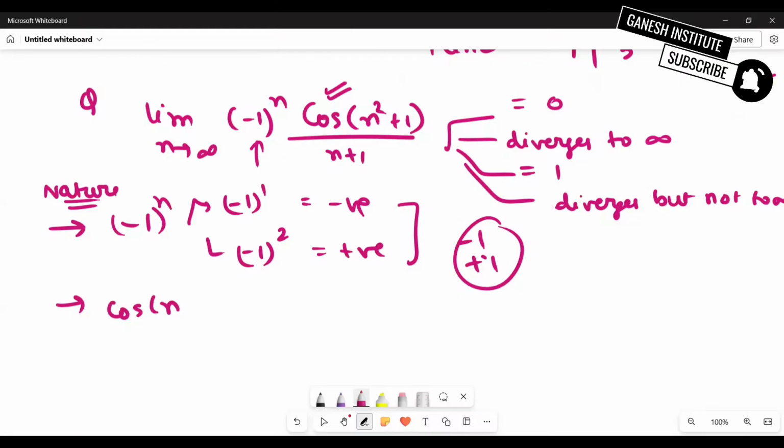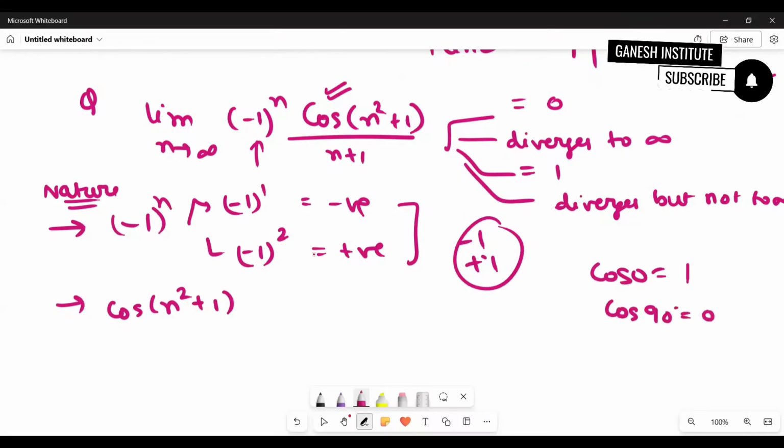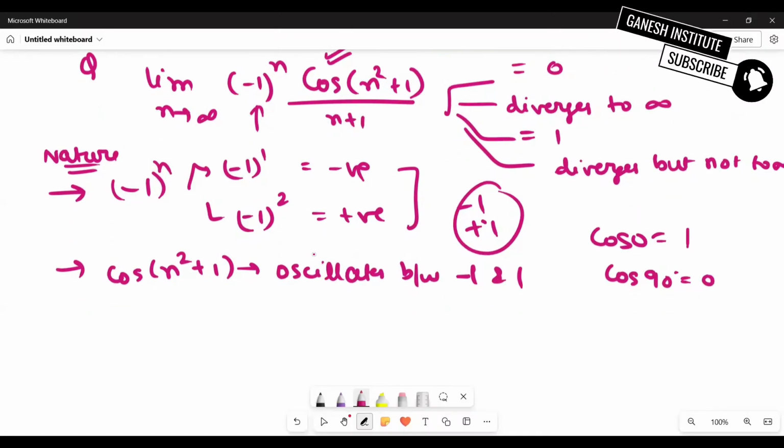Second is the cos value. I know cos 0 is 1, cos 90 is 0, and all those values always lie between these two, right? So it is oscillating between minus 1 and 1. And is this a bounding function or not?